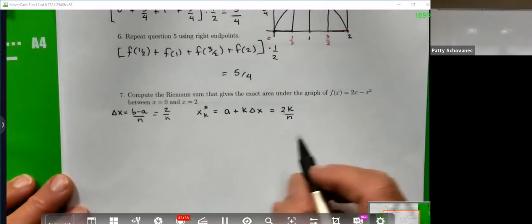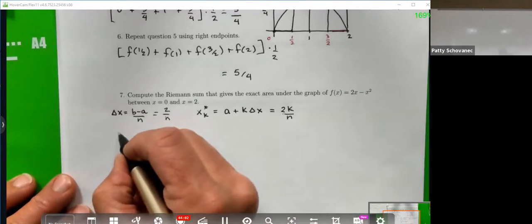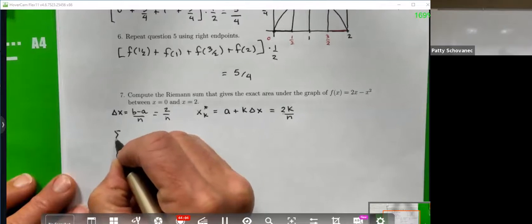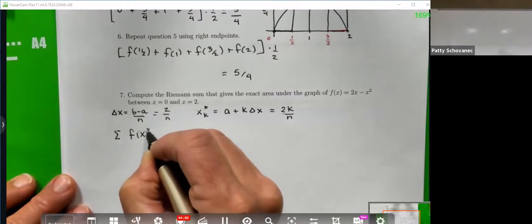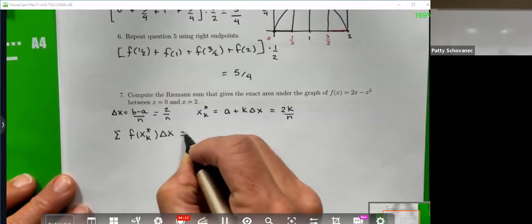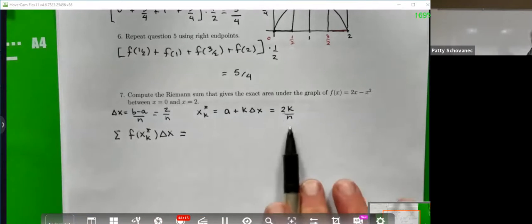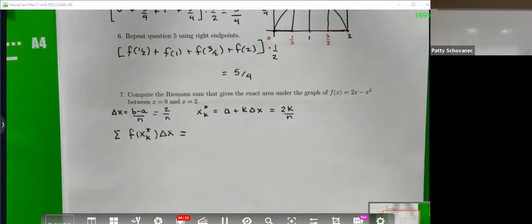And now in our Riemann sum, we need to compute the product of f at the xk star times the delta x. So write that out for this particular problem. F of that times our delta x.